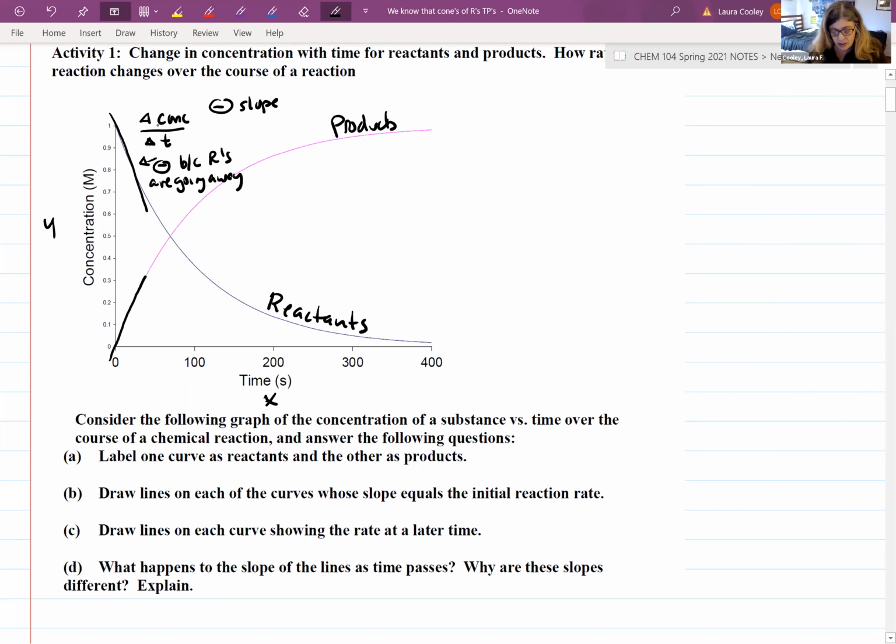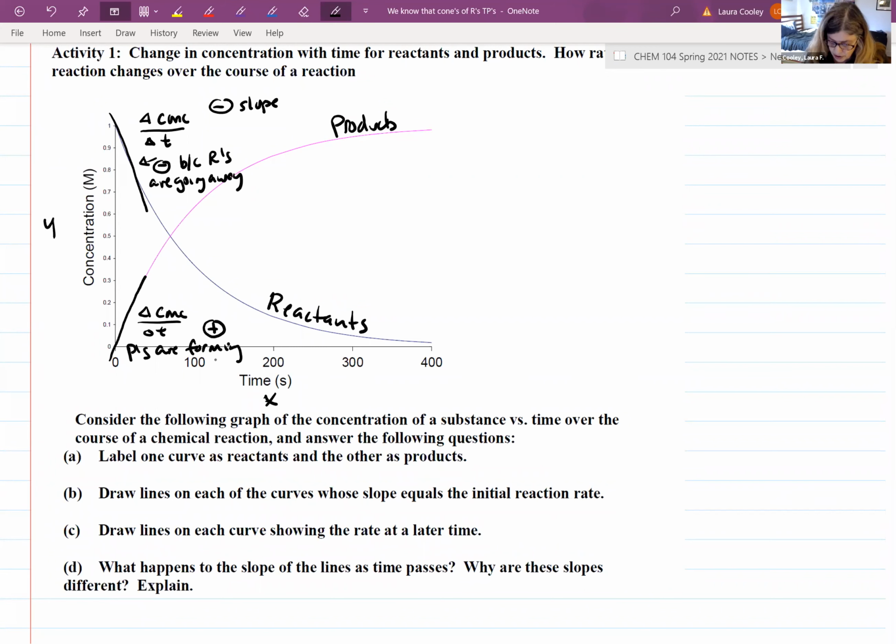So the change in concentration in, say, the first few seconds is negative for a reactant, but it's positive for a product. So this change in concentration over the change in time is positive because products are forming. But in any case, both of those slopes, if you consider their magnitudes, their absolute values, are very large.